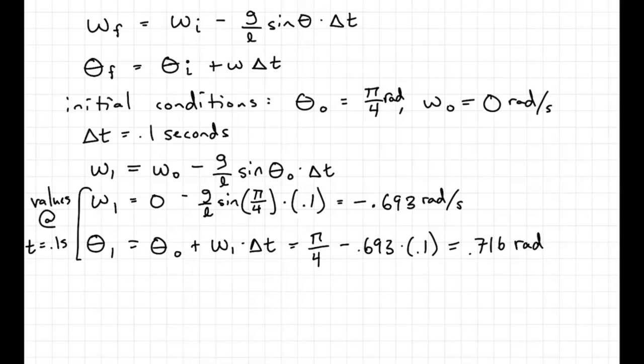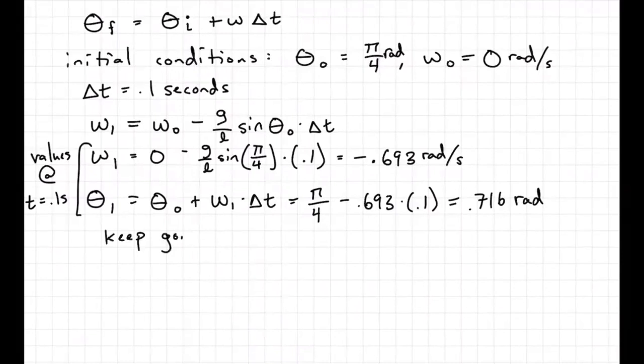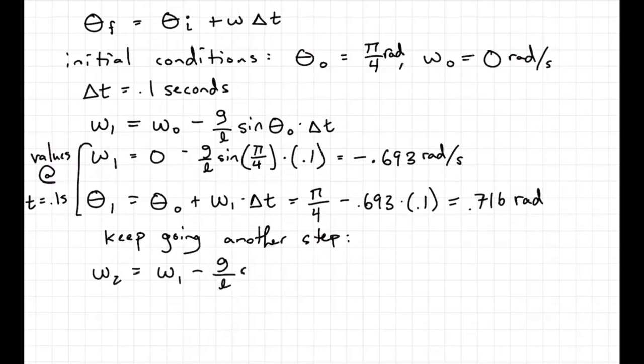So let's do one more just to see how it works. So let's keep going another step. And we're just going to do the same process, but we're just going to update the values. So now omega 2 will be equal to omega 1 minus g over L sine theta 1 times delta t.